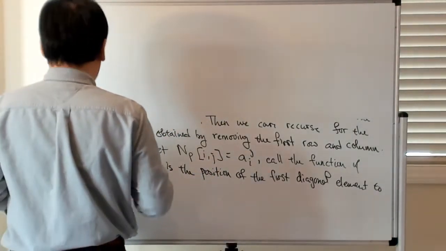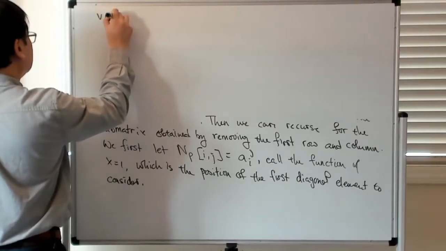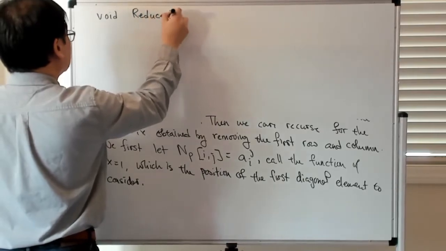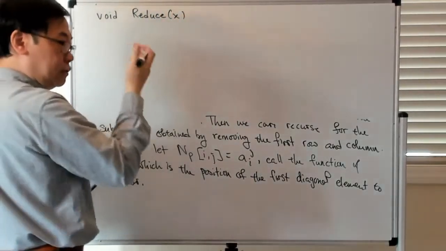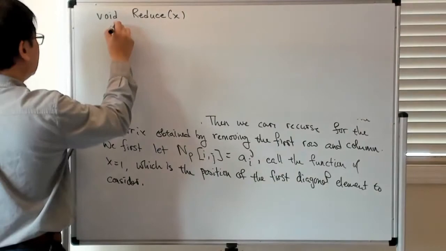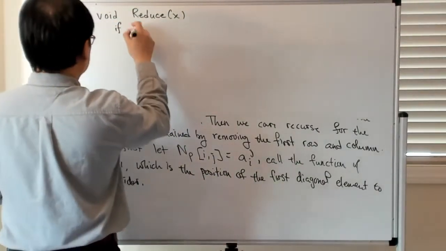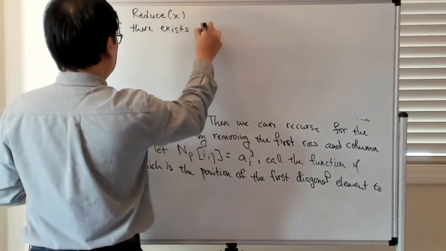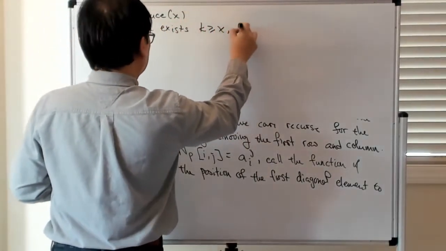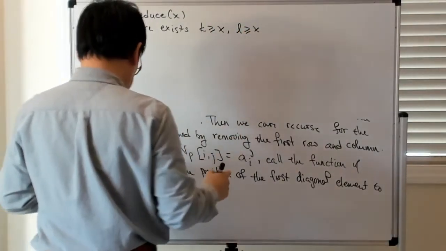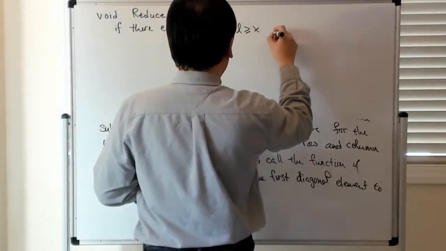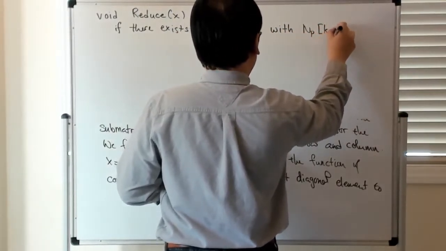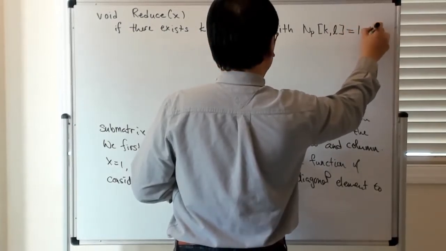Okay. All right. So it just returns a void, and then reduce x. So x tells you which row and column you're starting off with, right? So if there exists a k greater than or equal to x and l greater than or equal to x, with a non-zero entry, with NP_kl equal to 1, then you do the following.